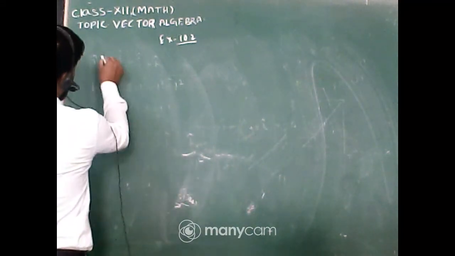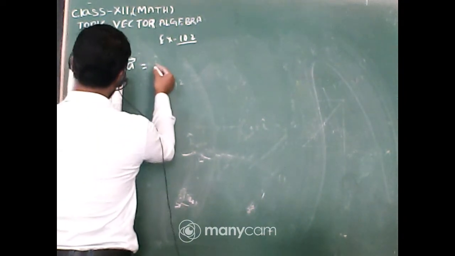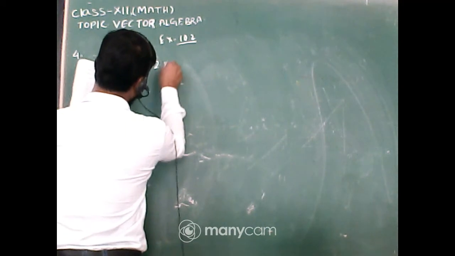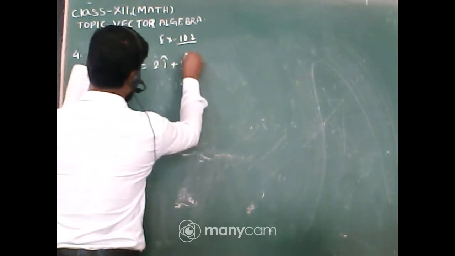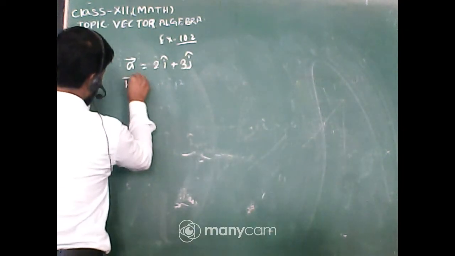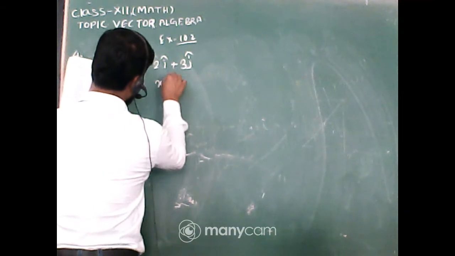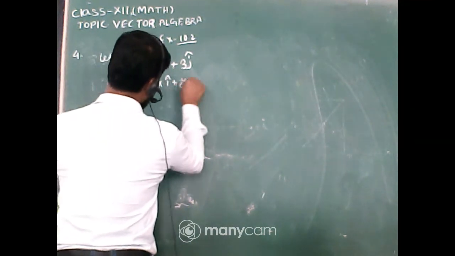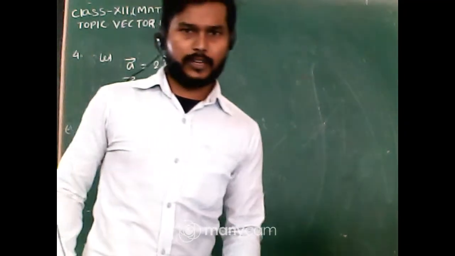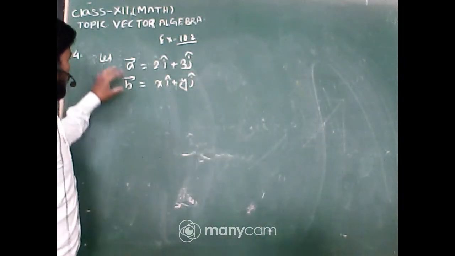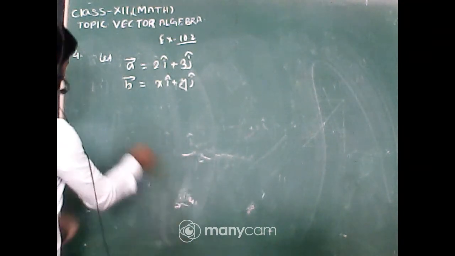Let us consider the first vector as a, which is given as 2i plus 3j, and the second vector is b, which is given as xi plus yj. We have to find the values of x and y for which the vector a and the vector b are equal.